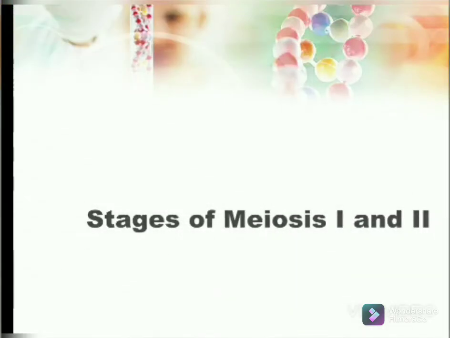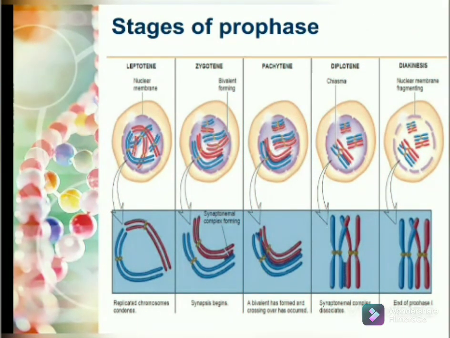And the last is the stages of meiosis 1 and 2. Let's head first to the stages of prophase. We have five stages of prophase. First, we have leptotene, in which the replicated chromosomes condense. Second, zygotene, where synapsis begins.